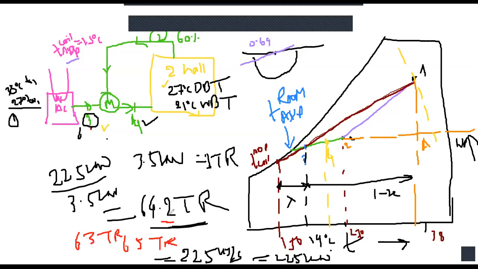So a slight variation of the tonnage or of the temperature does not affect the ton of refrigeration. Okay, because if we take 29 degrees centigrade maintained, with all the parameters the same, and calculate this, we get almost 65 point something.